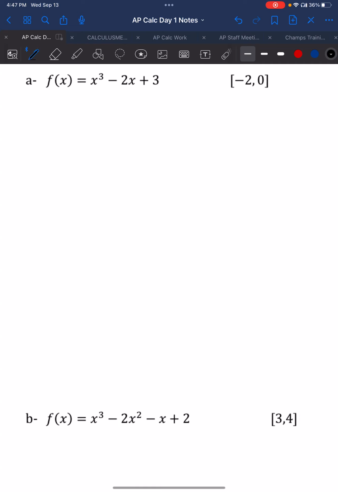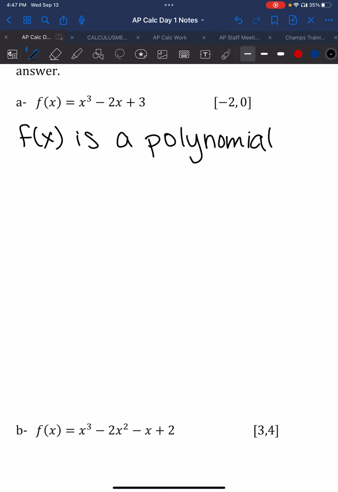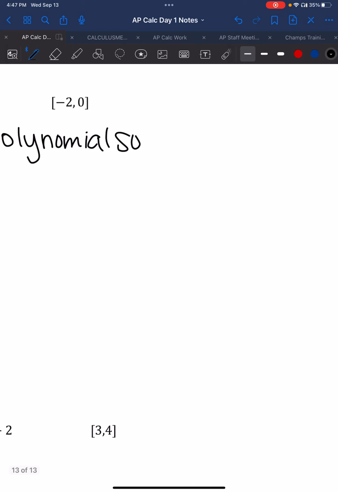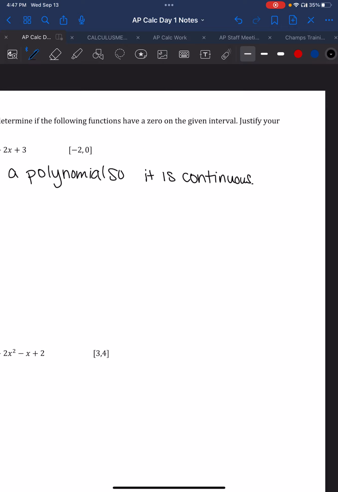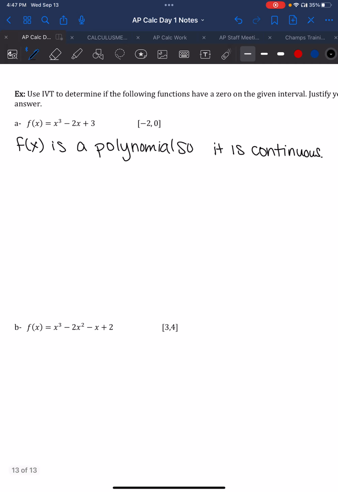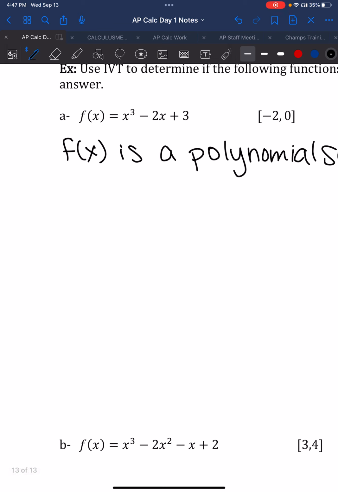So we have our first one. f of x is equal to x cubed minus 2x plus 3. Thankfully, this is a polynomial, which means it is continuous. So we have now made the continuous point. Now we need to plug in our interval to see if our y values will be good enough to have a 0 in between.